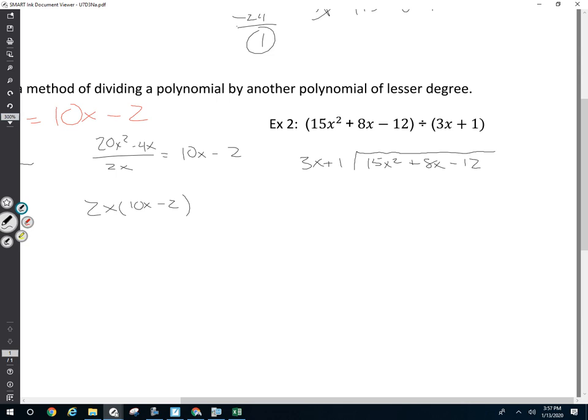Here's what we're going to do. Please pay attention. Focus on the biggest term. Don't worry about the 1 so much. The 1 will take care of itself. Focus on the biggest term.